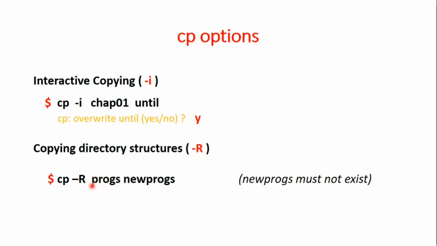All these files will be copied under a new directory named newprogs. This -r is normally used in recursive copying, which happens when you want to copy the entire directory structure. All the contents of progs will be copied, and a new directory will be created that has the exact content of progs. Its name is newprogs. Both of these are directory names.